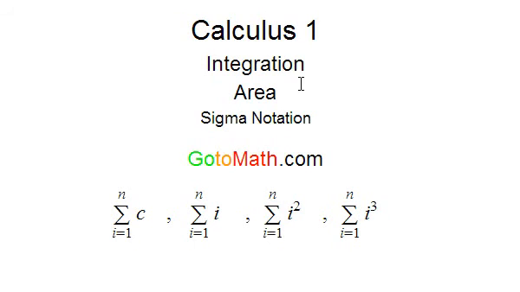Alright, we're talking about integration, and of course you're probably wondering where the integration is. But we'll be getting there, don't worry, and we'll be finding the area under a curve. Right now we're just looking at sigma notation. So we're going to look at some formulas that we've already talked about, but we're going to recap over all three of these real quick.